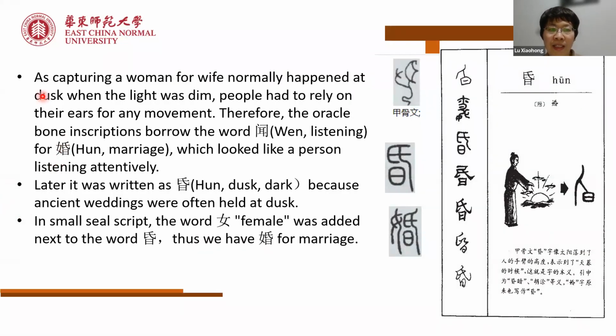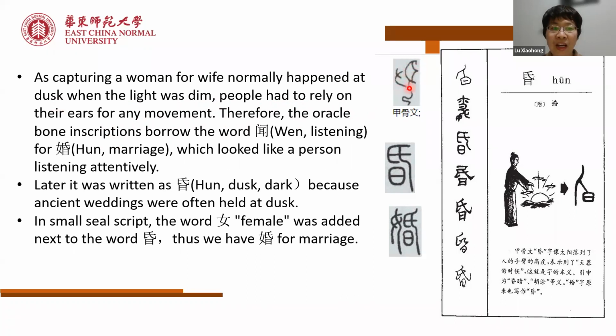So in ancient time, they had the marriage by capture custom. Capturing a woman for a wife normally happened at dusk when the light was dim. So people had to rely on their ears for any movement.